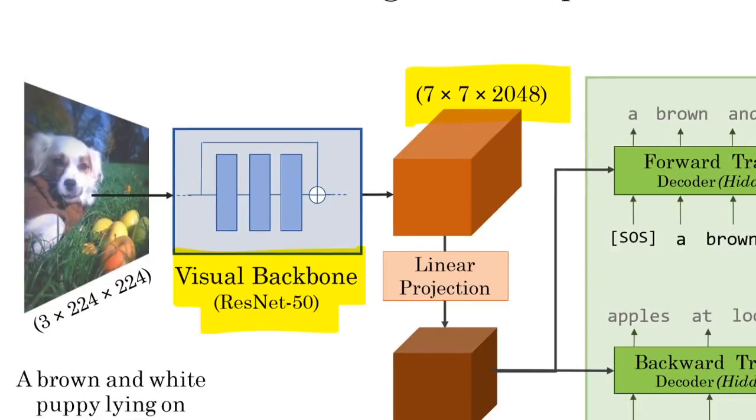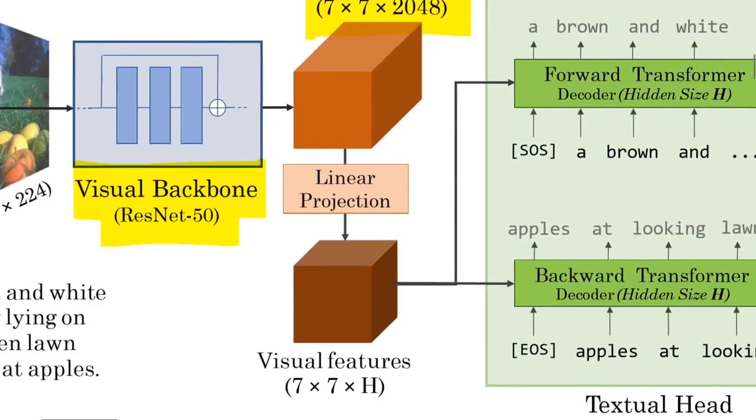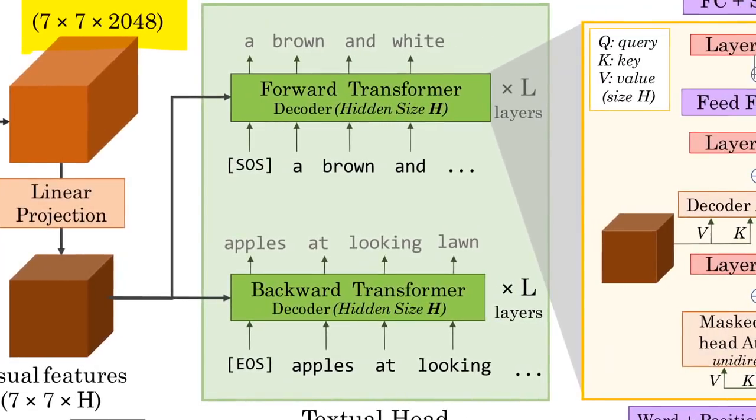So these features are 7 by 7 by 2048. This is the standard output of a ResNet 50. And then from this part on, they do a linear projection such that they can now input it into a language model. Okay, so they have visual features, and now they feed those into the language model.